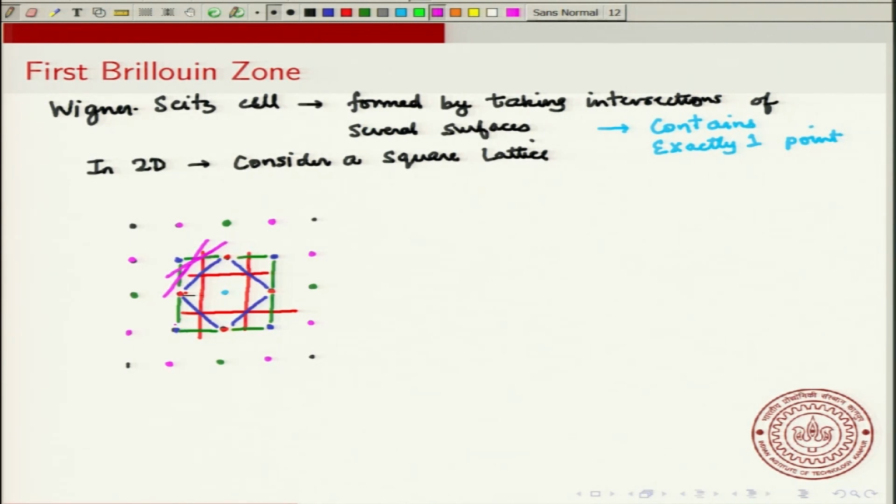You will get a purple line that looks similar. You will get 2 purple lines. And you will get them on this side also.